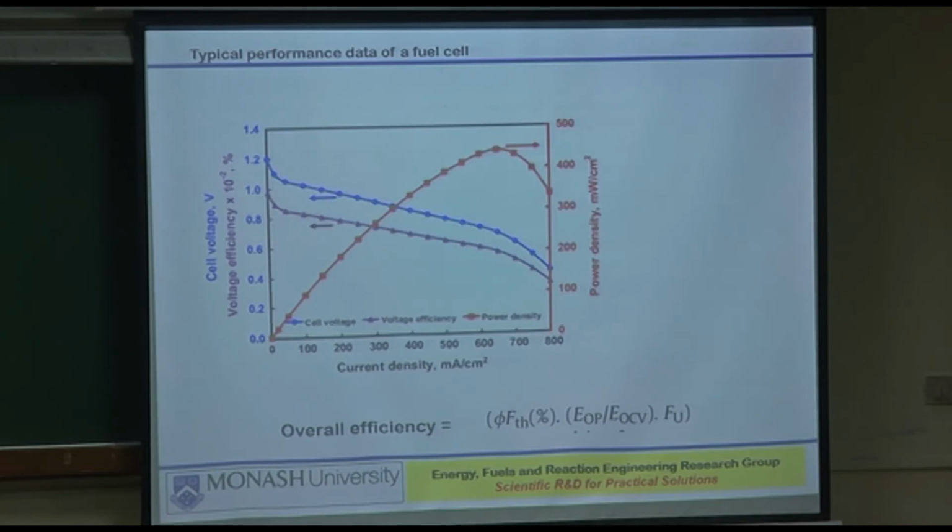The way different manufacturers differentiate themselves is in how they ensure the contact between the fuel and the electrodes. That is a big differentiation point, so please do keep that in mind.